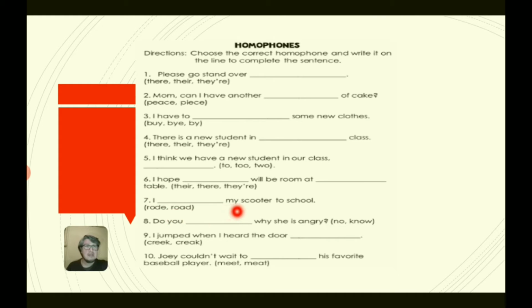I rode, in the past, or road, which is a path, my scooter to school. I rode, because it's the past of ride, and ride is when you use your scooter or your bike. You ride your bike, you ride your scooter, you ride your motorcycle. Okay. I rode my scooter to school. So it's the first one.